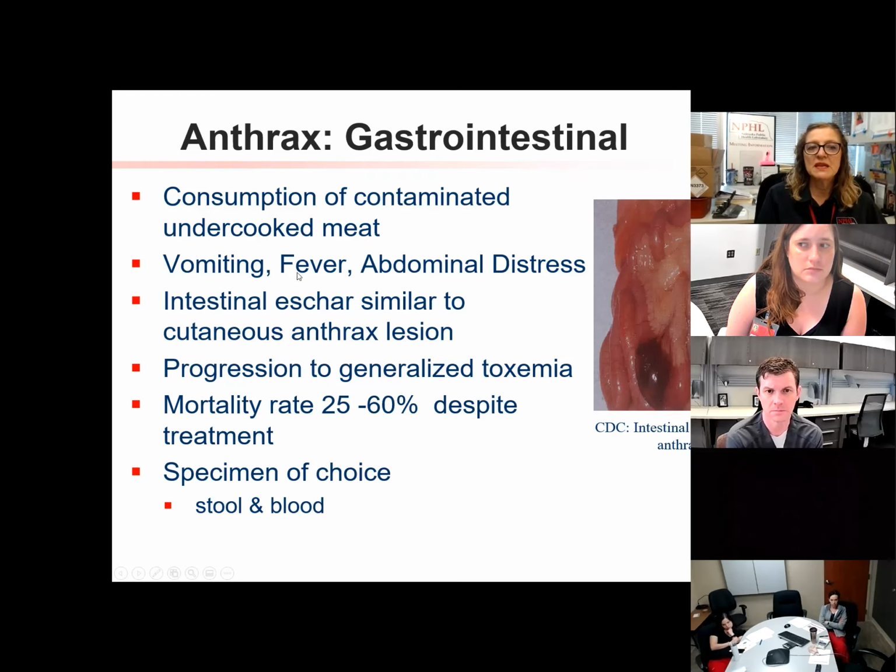They're going to have vomiting, fever, and abdominal distress. And it's really bad, too, because it generalizes into a toxemia, and the mortality rate can be as high as 60%, even with treatment. You can have pretty high mortality.